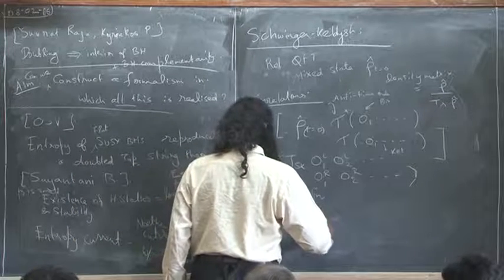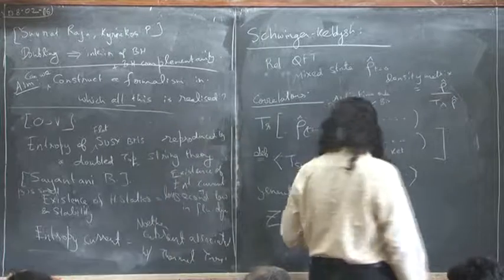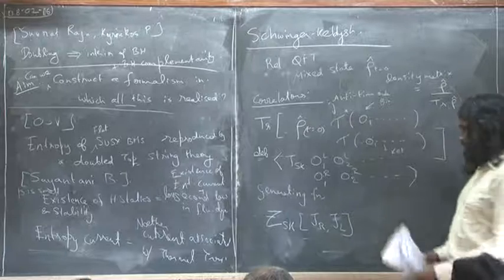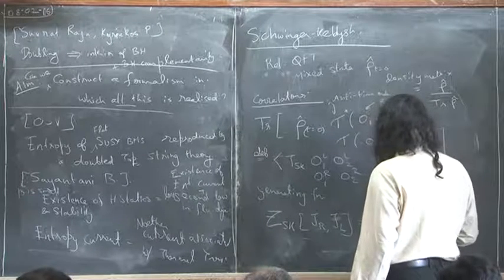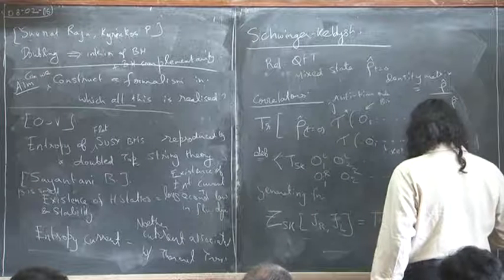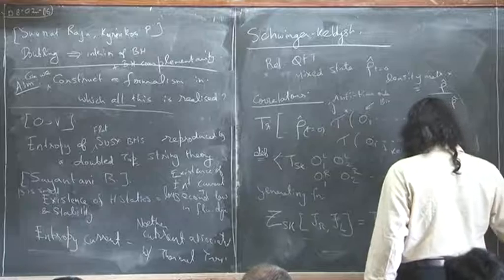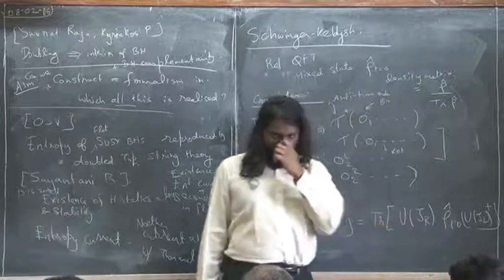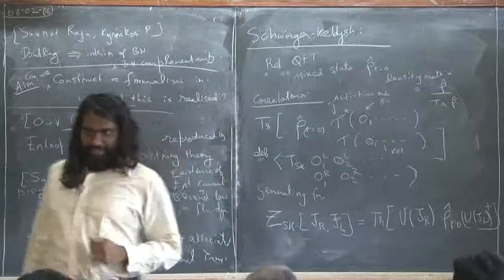The way to do it is to introduce two sources, for the right operators and the left operators, and the generating function takes this form. This U is the unitary evolution of the quantum field theory, e to the power minus iHT.